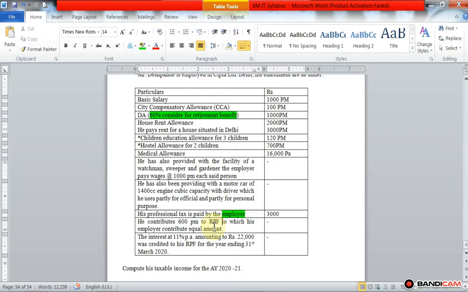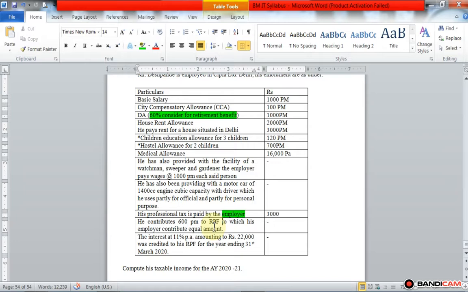Then interest at 11% per annum, amounting to rupees 22,000, was credited to his RPF for the year ending 31st March 2020. So remember the tax treatment for RPF.